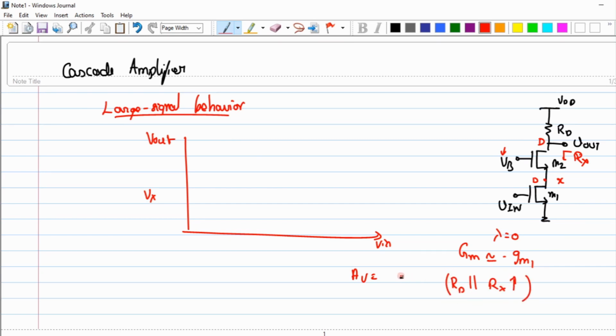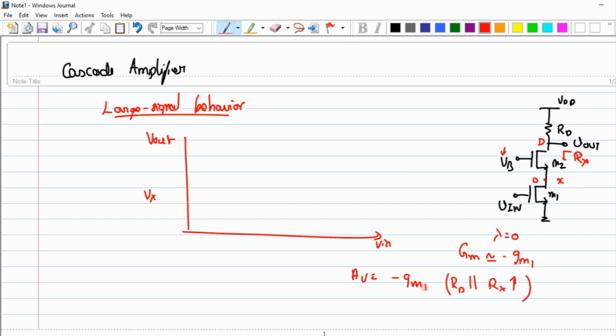Now, when I multiply with this minus gm1, will I get a large gain? Why is it that I will not have a very large gain? Even though the RD value is small, when I put it in parallel with a very huge resistance, effectively I get a very small resistance, right? Because of this small resistance, even though I have stacked two transistors, I'm not getting much gain out of the circuit.